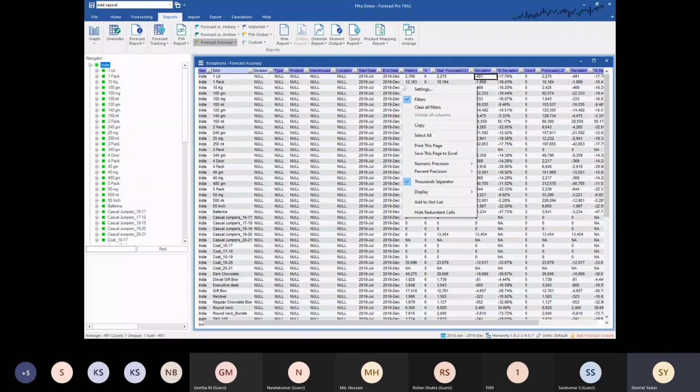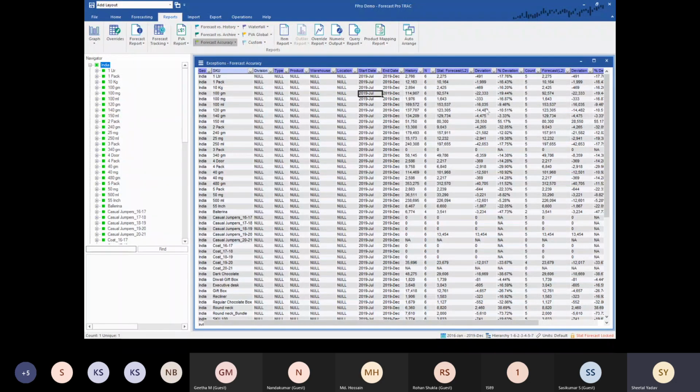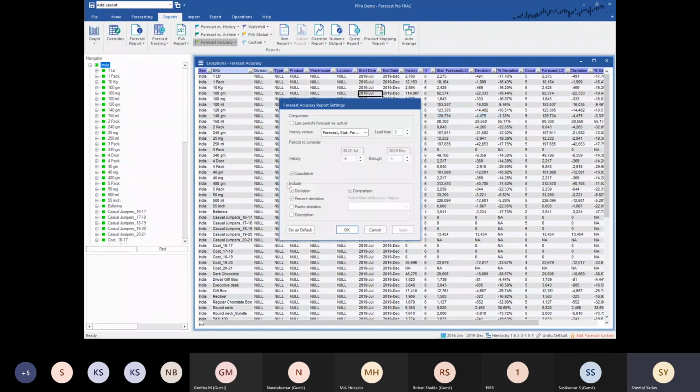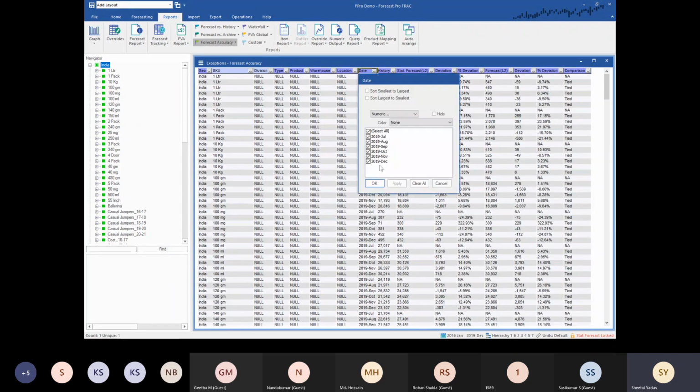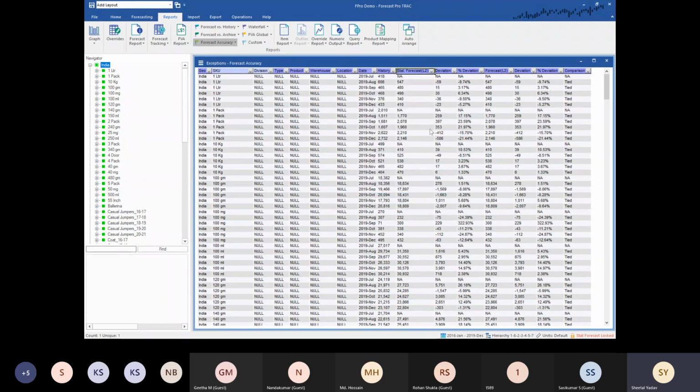So you can export this report and do your further analysis if required. Or you can tell the system that you do not want to combine it, but you want to look at each of the respective months. So you get to view all of the respective months with lead time 2 in this case. So we have one stat forecast and then we have the final forecast for comparison.